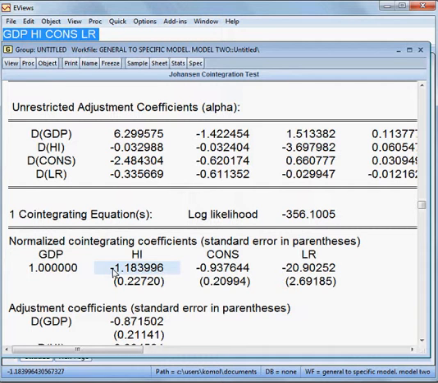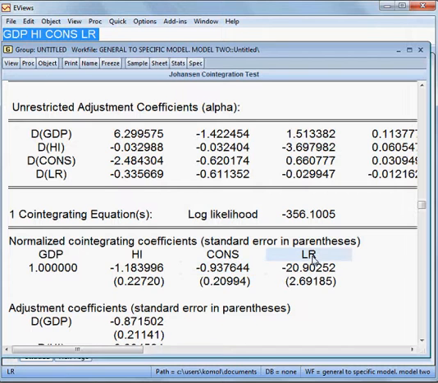So this negative is not desirable. We cannot accept this negative sign. And here is also negative, but normally when consumption goes up, GDP goes up, but here it has become negative, so we cannot accept this model. It should be positive.